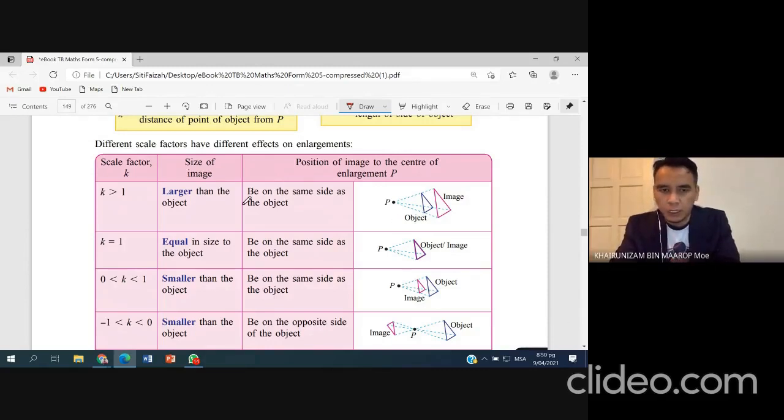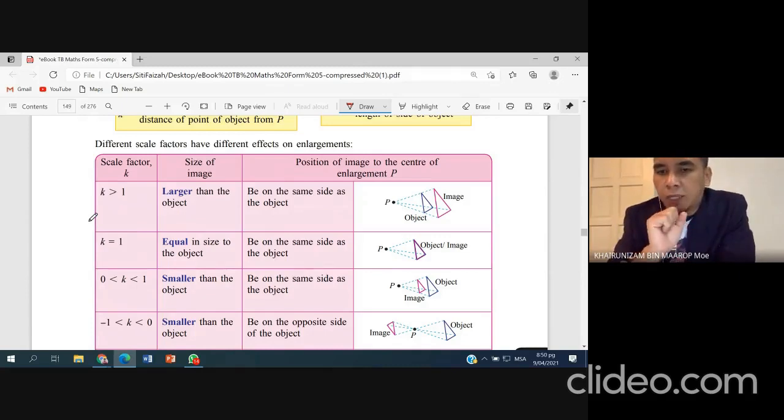Okay, look at this one. The difference of scale factor have different effects on enlargement. Okay, different scale factors have different effects on enlargement.